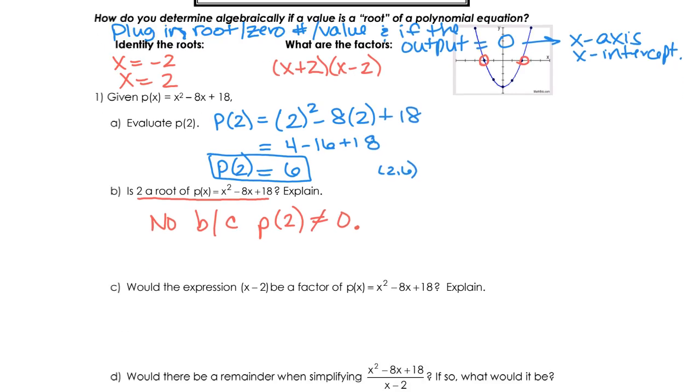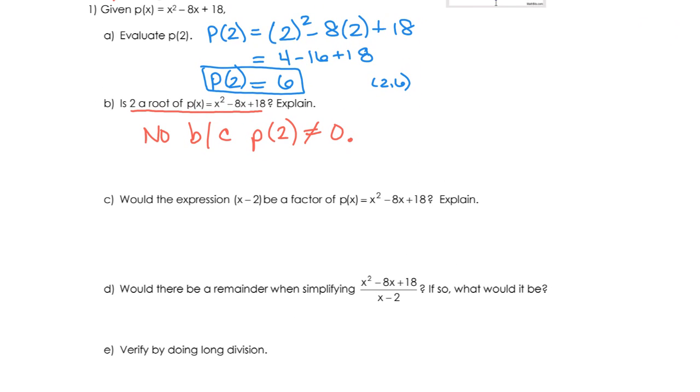In part C, they said, would the expression x minus 2 be a factor? Well, if x equals 2 is not a root, then x minus 2 can't be a factor.